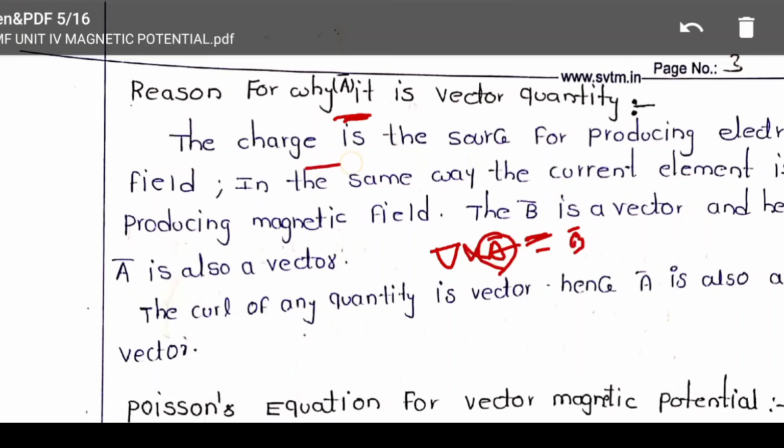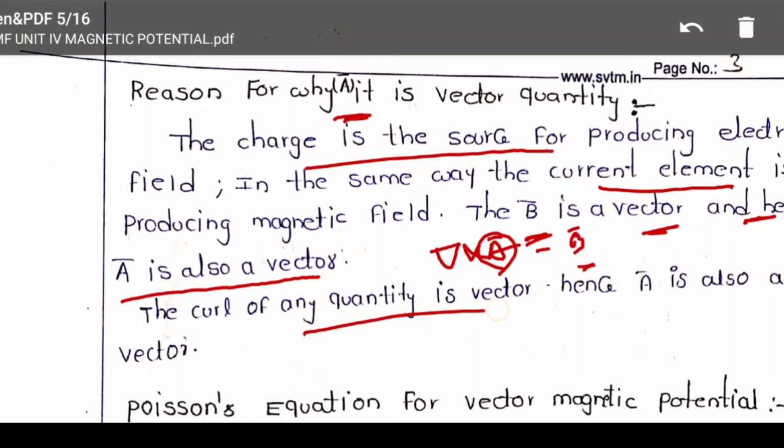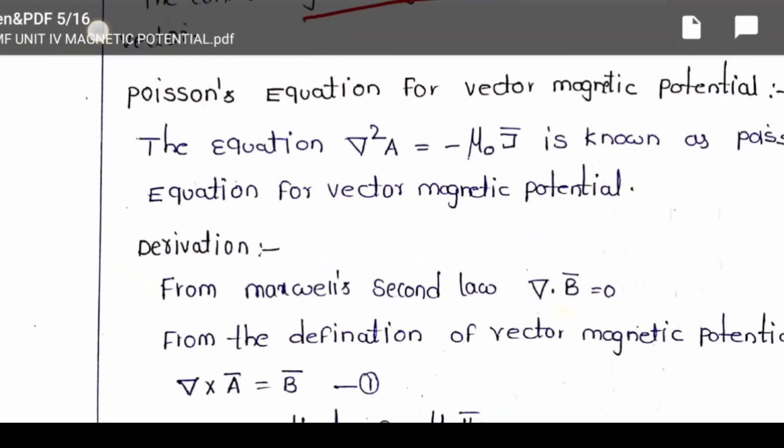In the same way that charge produces an electric field, a current carrying element produces magnetic field H bar or B bar. B bar is a vector and hence A bar is also a vector. The curl of any quantity is a vector, hence A bar is also a vector.